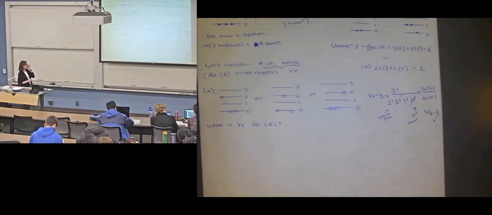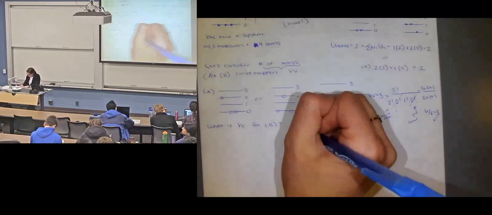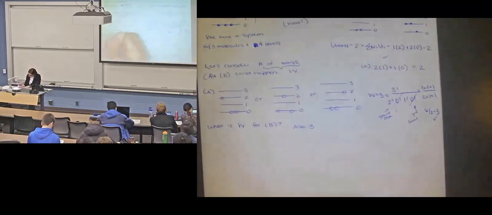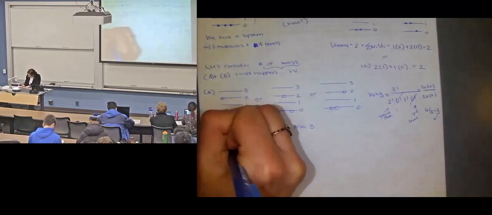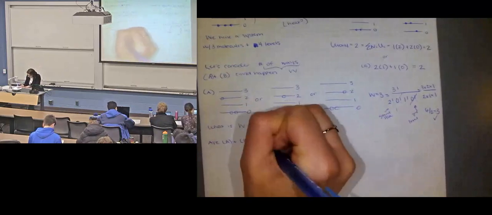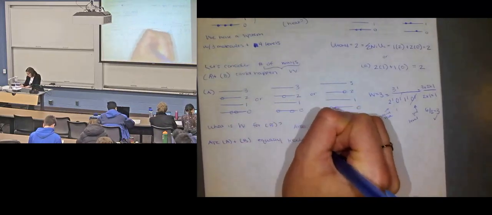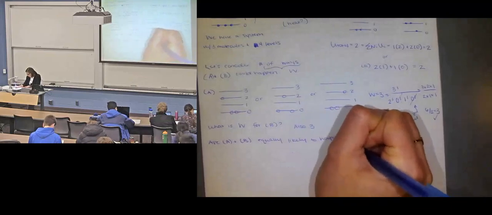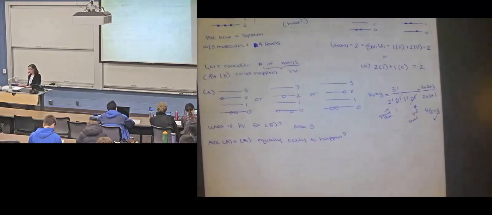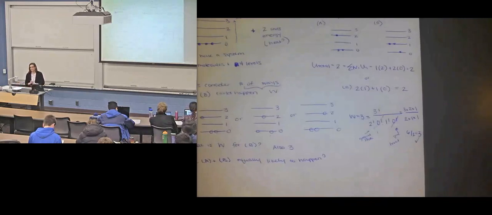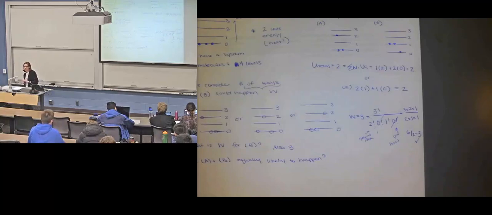So what's the multiplicity of B? 3, okay? It's also 3. So then are A and B equally likely to happen? Given your knowledge of multiplicity and entropy, what would you say?